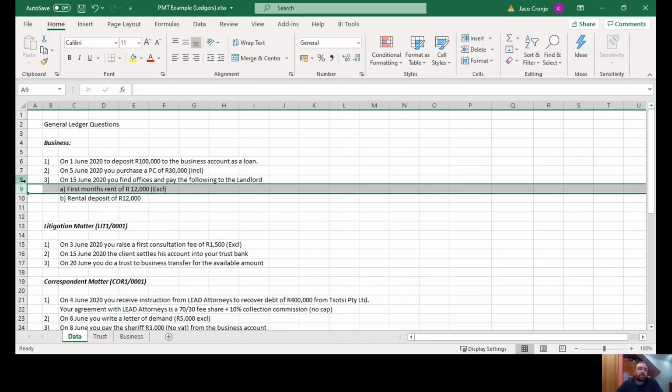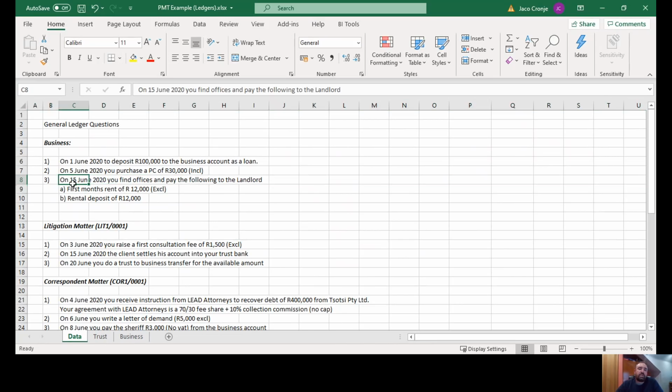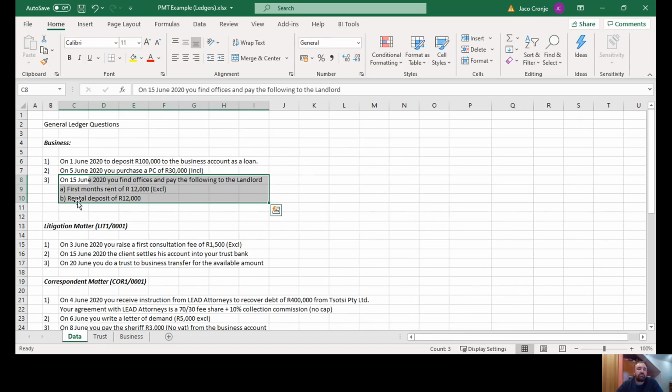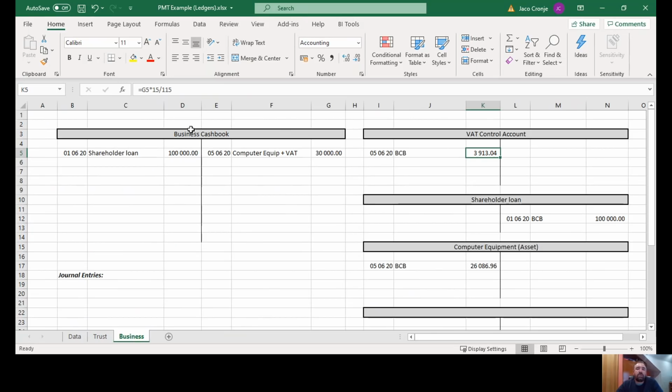So the first question is, will this transaction relate to trust or to business? The answer is business. Next, will there be a flow of cash? Yes, the question says we physically pay the following to the landlord. So that means my business bank account will decrease. So we'll be on that side and it's a credit.